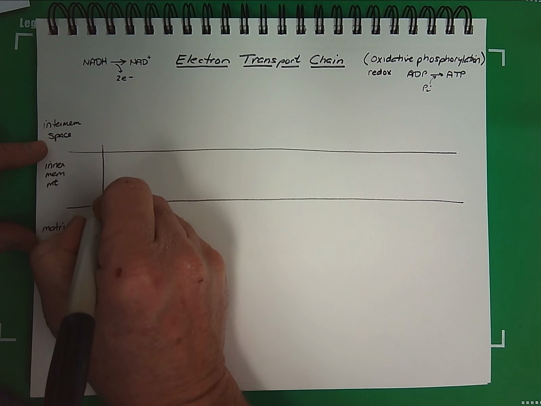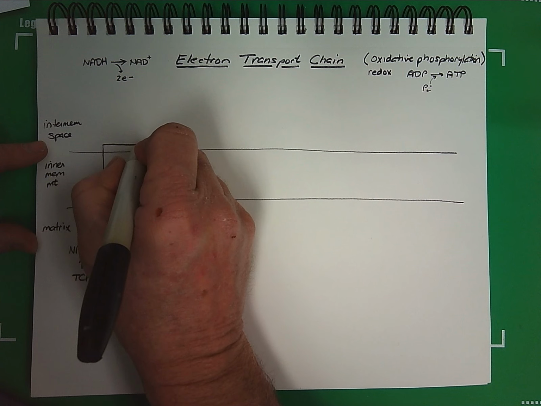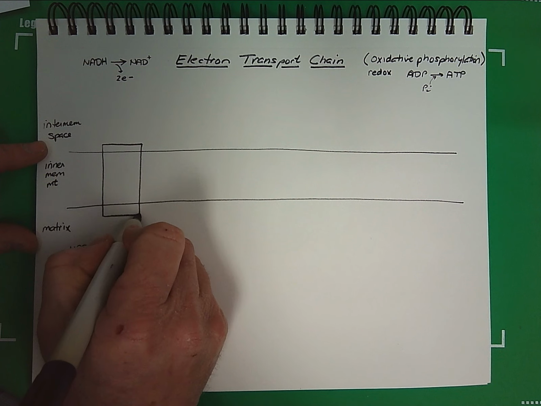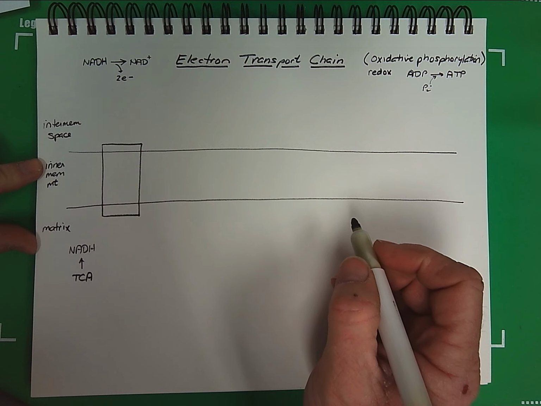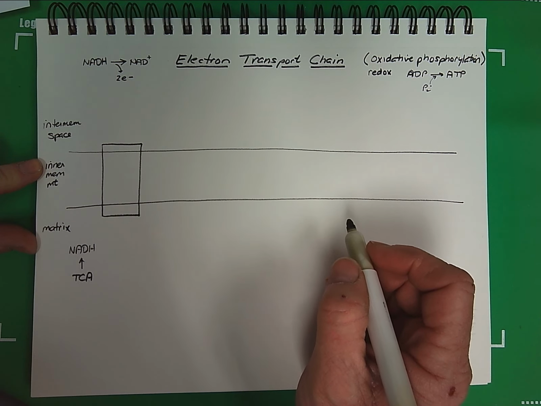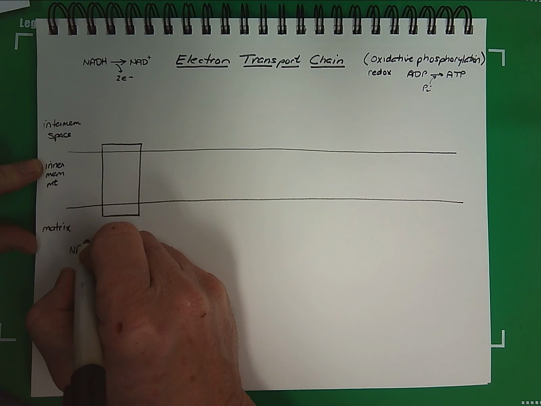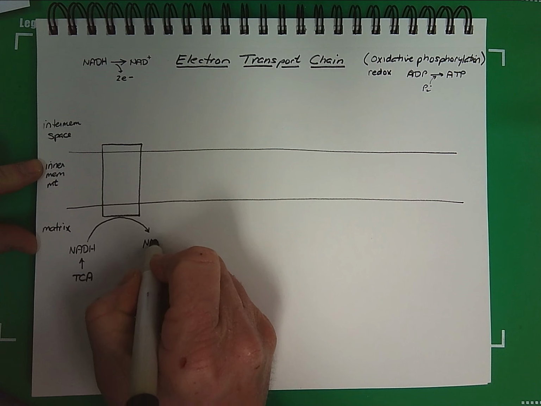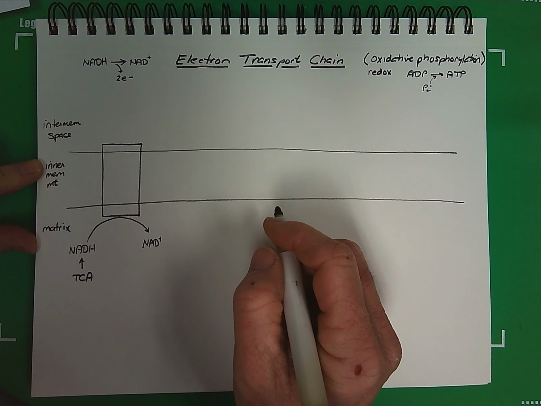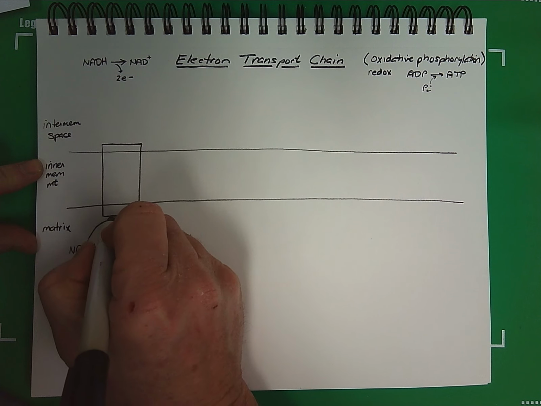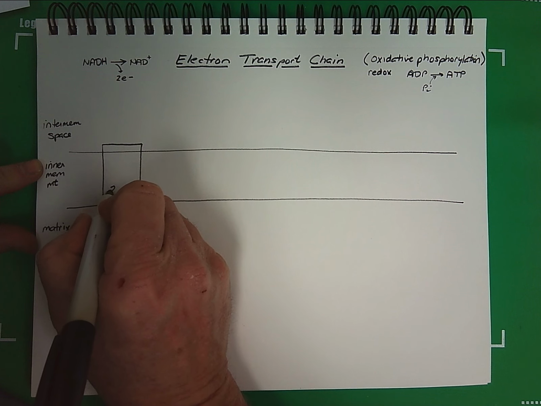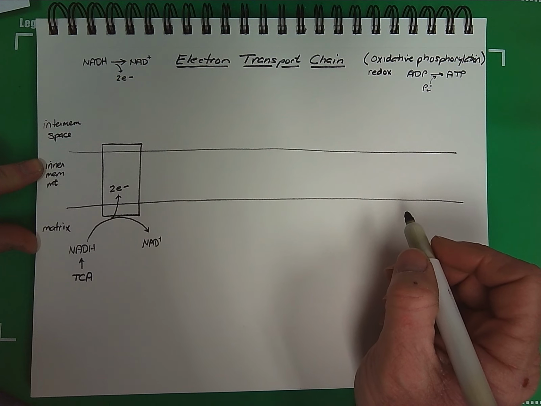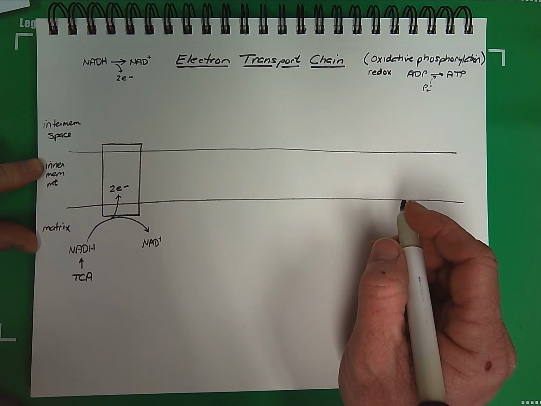So this is going to be done by an enzyme complex that is embedded in the inner membrane of the mitochondria, and the NADH will be oxidized to NAD, and the electrons will be placed on this complex of proteins.